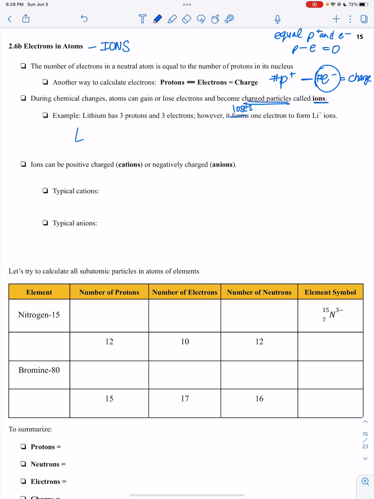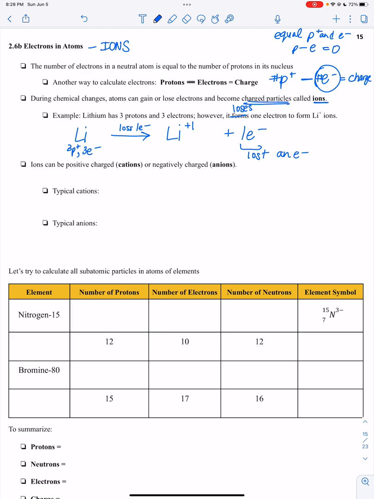So for example, I have a lithium atom right here. This will have 3 protons, 3 electrons. Then I could lose an electron, and I'll have the Li plus 1, meaning it lost an electron.